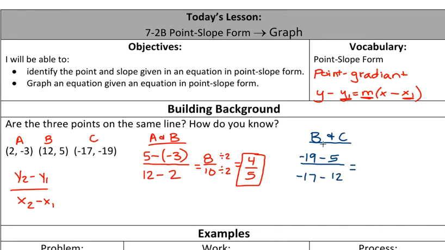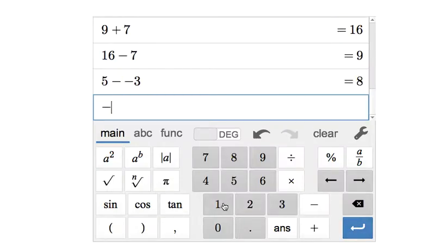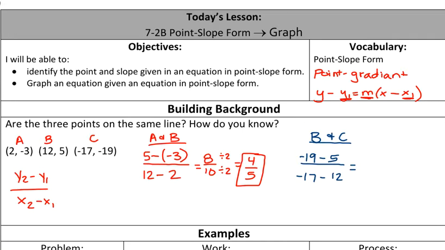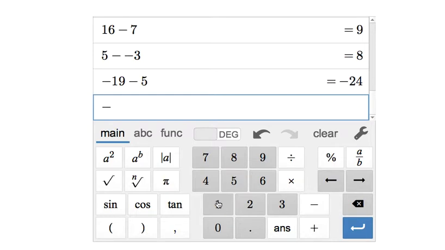So negative 19 minus 5 is negative 24. And then negative 17 minus 12 is negative 29.